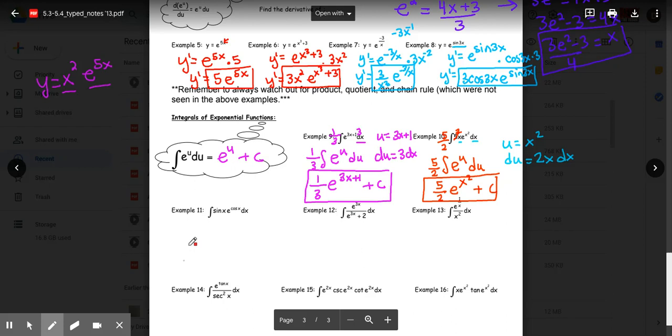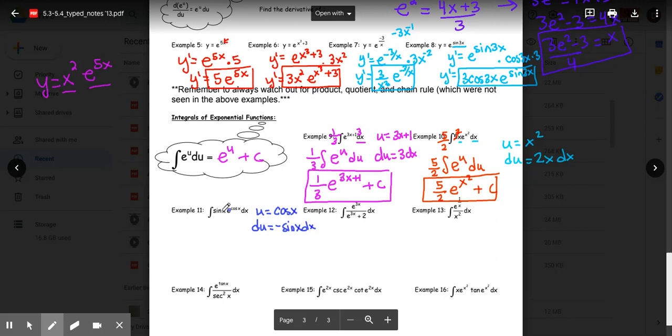Okay. All right. So next one here. Okay, what do you think you want to try as u? Good, the exponent, cosine. The derivative of cosine is negative sine. How do we know we picked the right u?